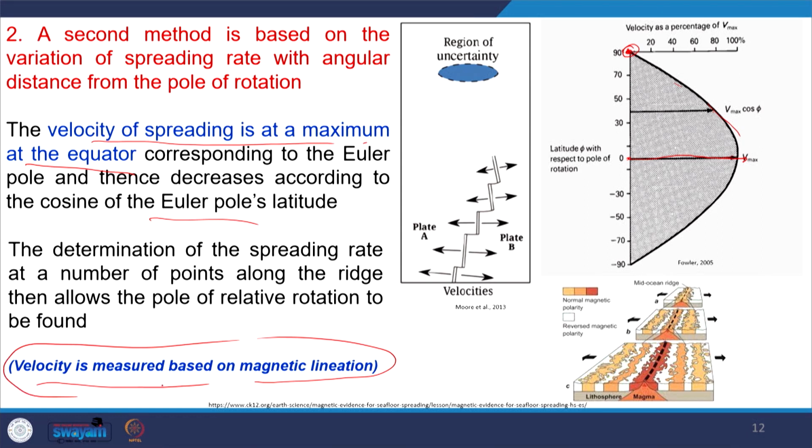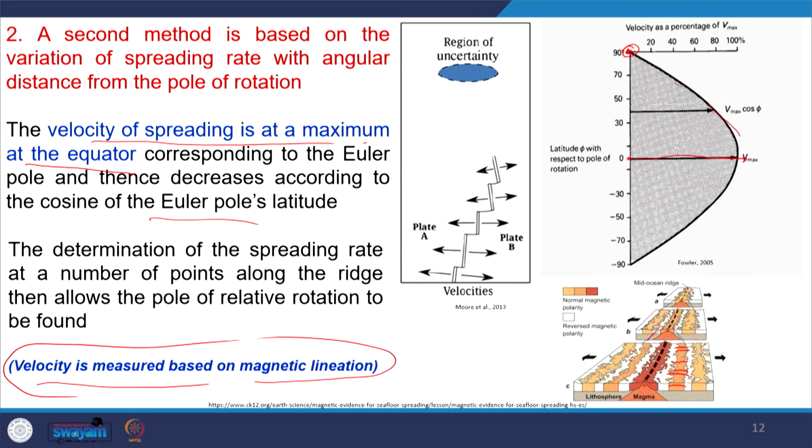How to calculate the velocity? Based on the magnetic lineations, because in future classes we will discuss that whenever there is a spreading system, a mid-oceanic ridge system, the minerals crystallizing from the basaltic magma capture the Earth's magnetic field at that particular time.